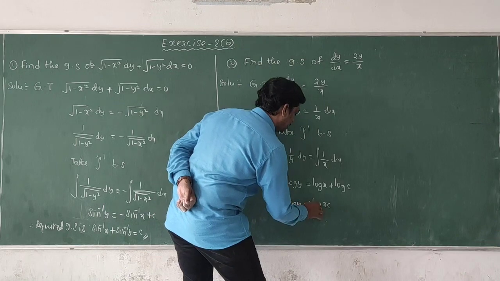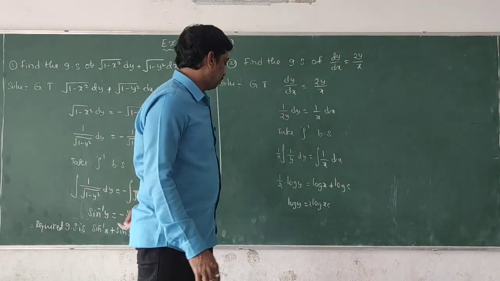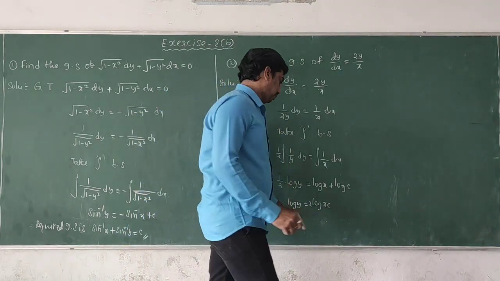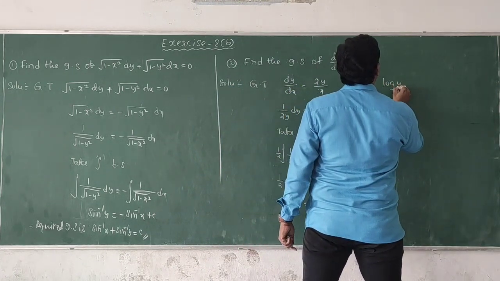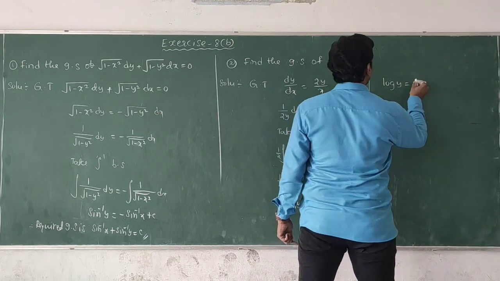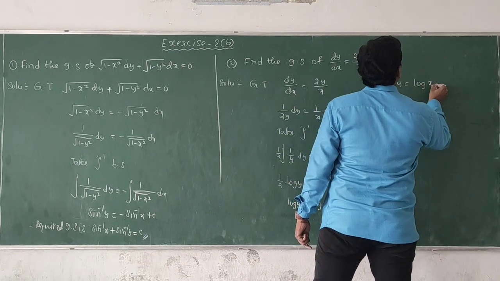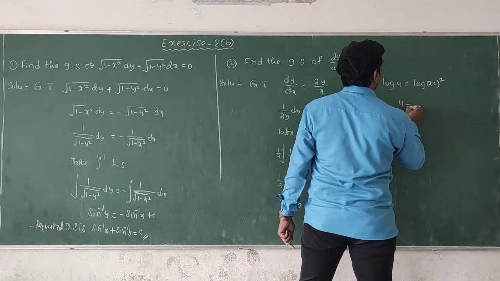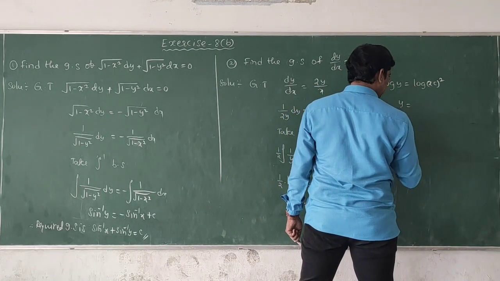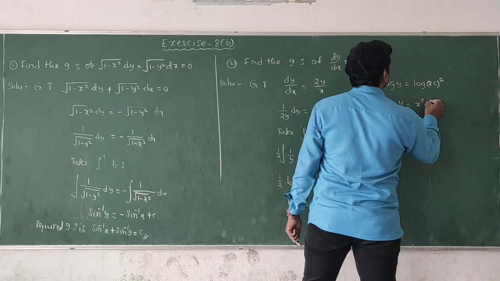The 2 is taken to the opposite side as a power. Now log y can be written as log of xc whole square. Both sides log cancel, remaining y equals x square c square.